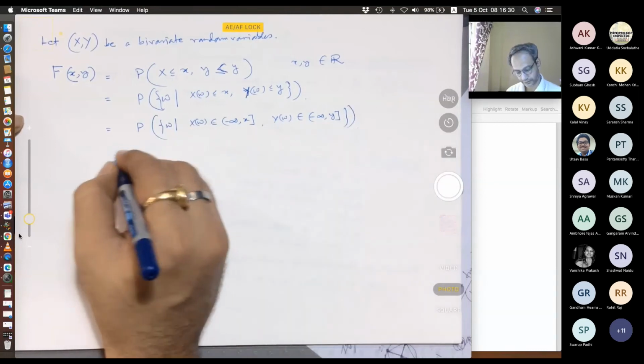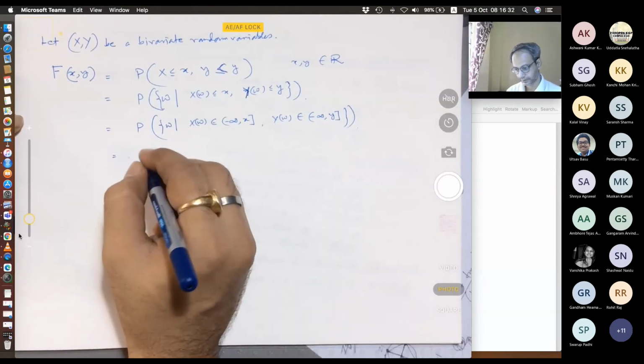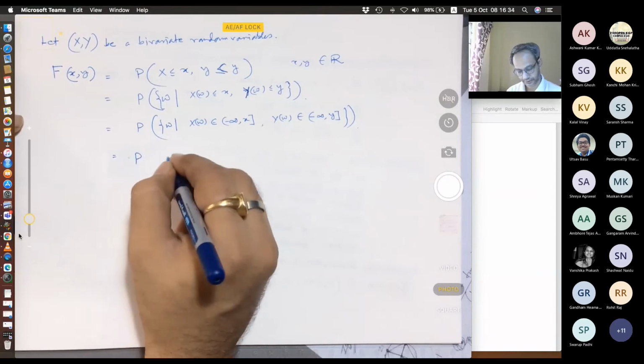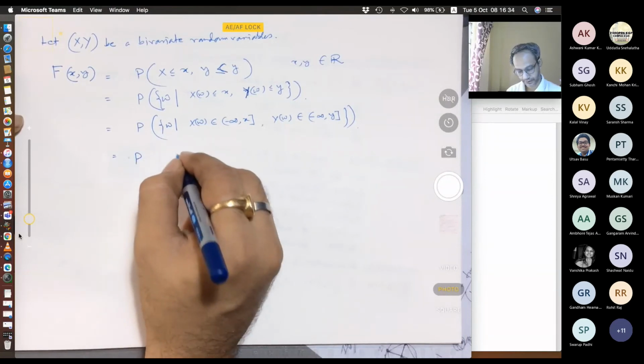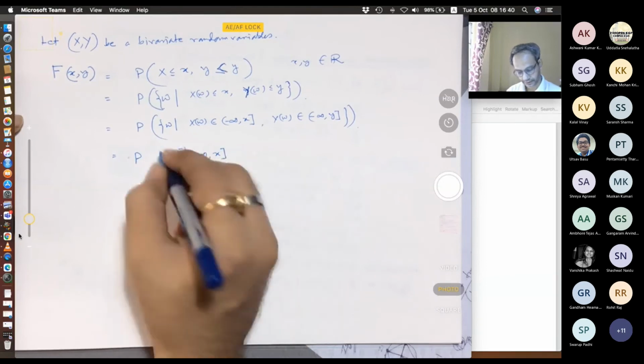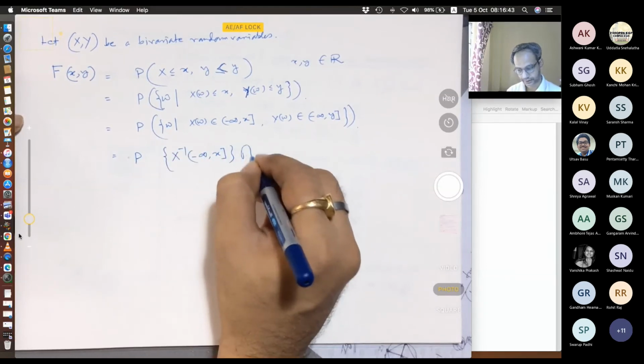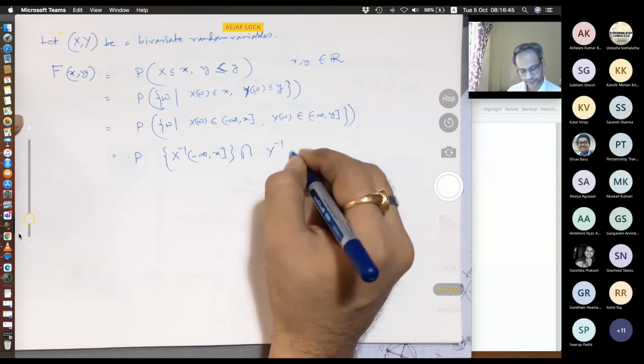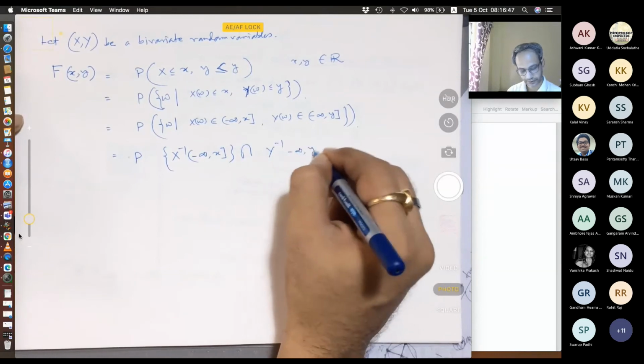and as a consequence you have this probability of X inverse of minus infinity to x, this set, intersection Y inverse of minus infinity to y.